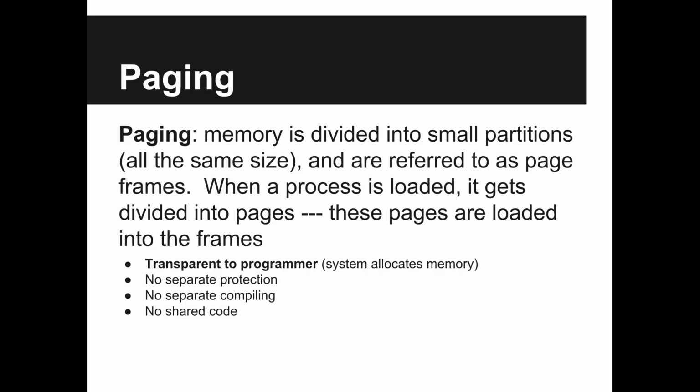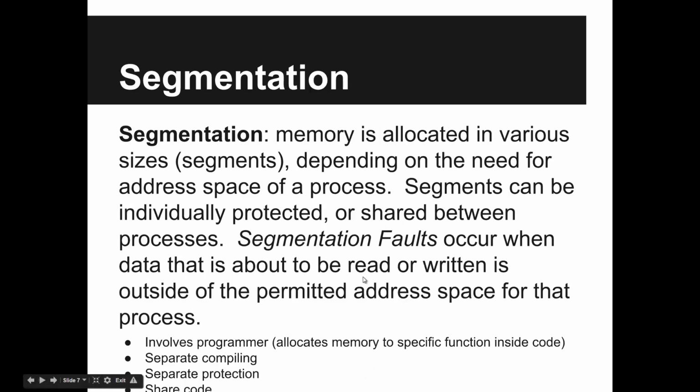In other words, per process. So when a process is loaded, it gets divided into pages, and these pages are then loaded into the frames. The advantages are that it's transparent to the programmer. He or she doesn't have to do any extra overhead to accommodate this. There's no separate protection, no separate compiling of each page frame, and no shared code that has to be managed or worried about.